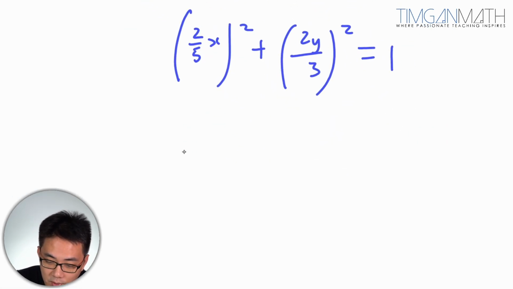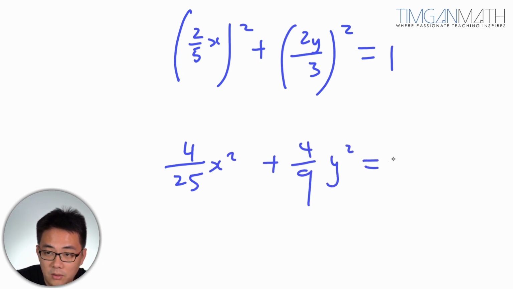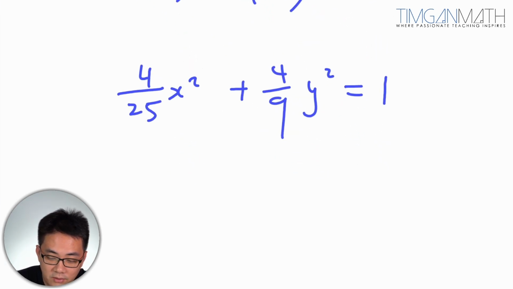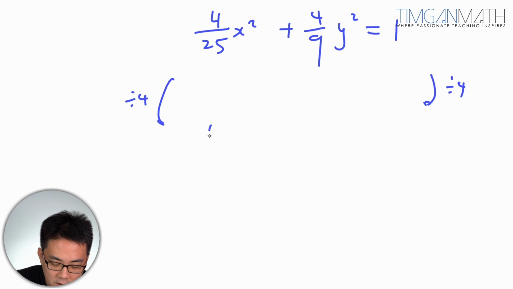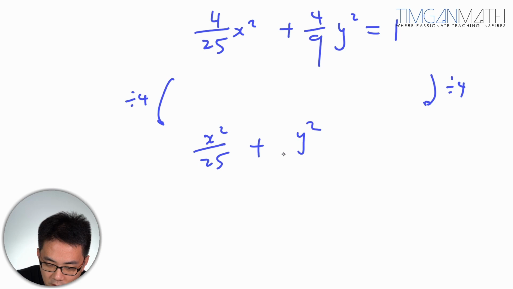Once this is done, we could put this as 4 over 25 x squared plus 4 over 9 y squared equals 1. After which we just divide both sides by 4. This will be x squared over 25 plus y squared over 9 equals 1/4.